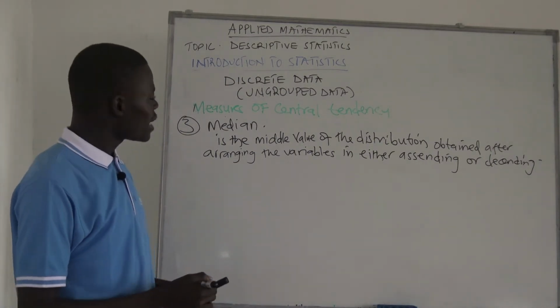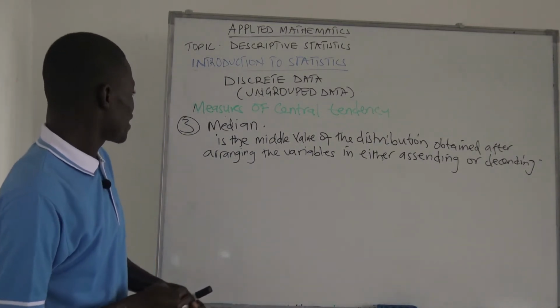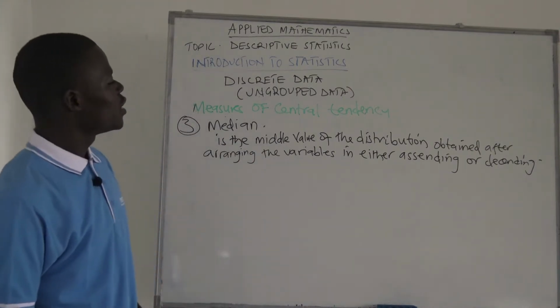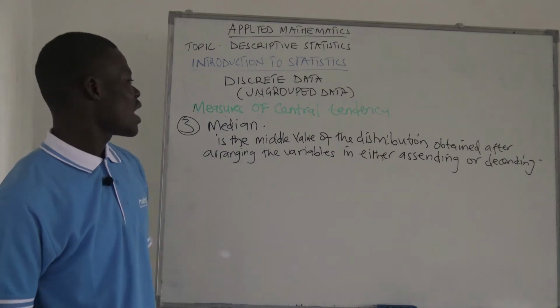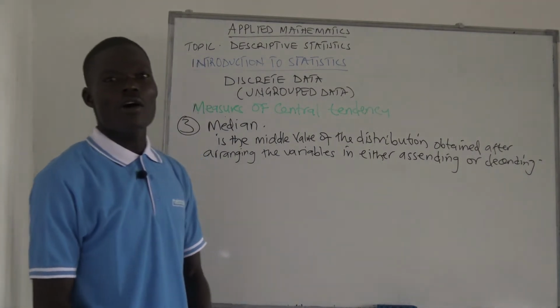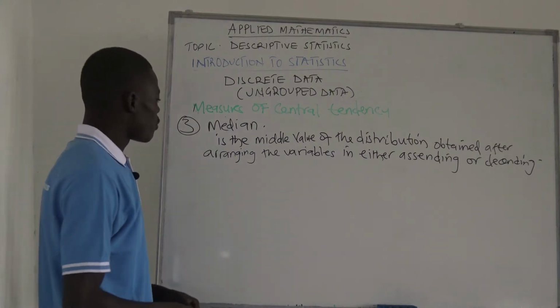So what is our median? Median, we have said, is the middle value of the distribution obtained after arranging the variables in either ascending or descending.